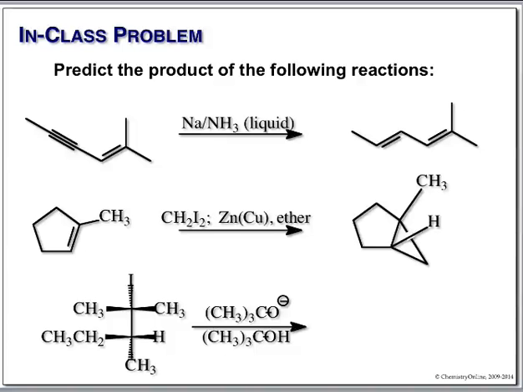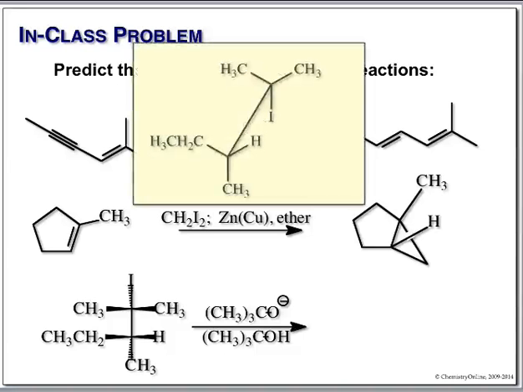So, simplest way to do this one is to just redraw it. Something like this. Again, ethyl and hydrogen coming up, methyl and methyl coming up. Here's our hydrogen. We need to rotate this so it looks like this.